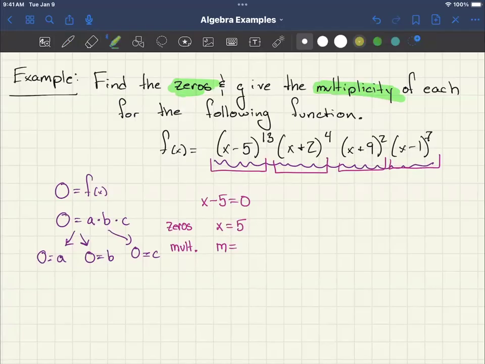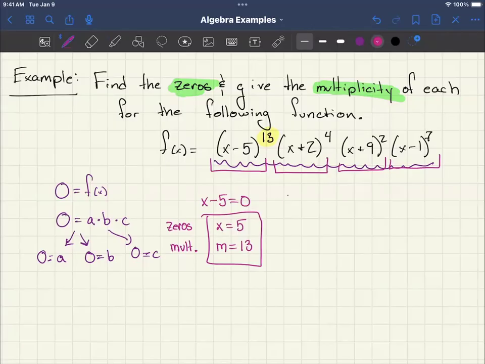Multiplicity means how many times does that solution actually pop up? In other words, what's the exponent of that particular factor? In this case, our exponent is 13. So our first solution is going to be x is equal to 5 with multiplicity 13.